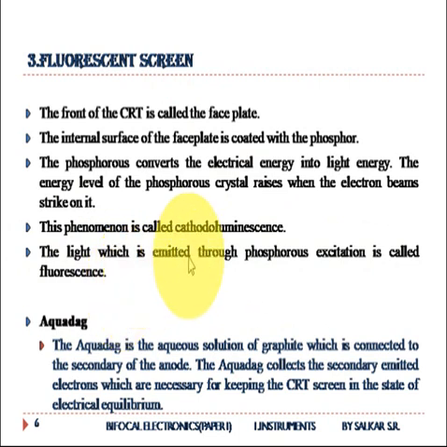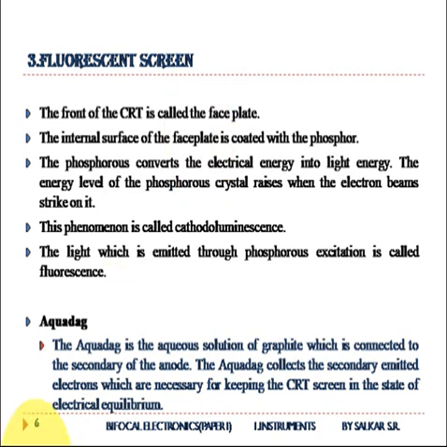These are two different phenomena we get by using phosphor for coating the screen of the CRO. So we can see a fluorescent color display on the screen of the CRO due to the phosphor coating.